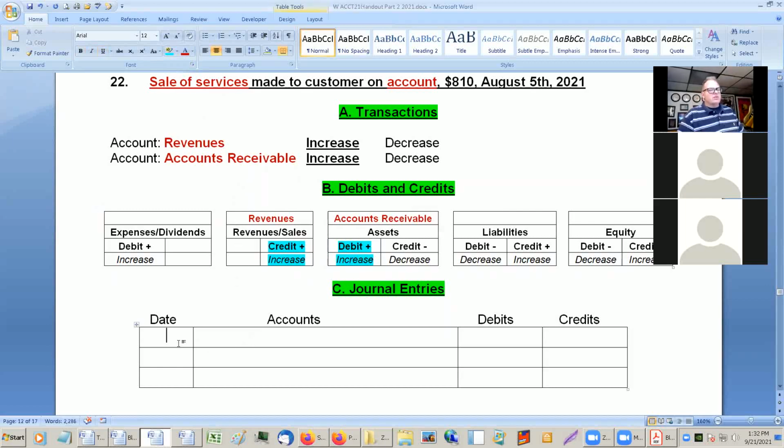Let's take a look here. So okay, so revenues again. Once you hit revenues, yay, because then you know it's a credit. Whatever the account is you have on the other side is going to be the debit. Okay. So accounts receivable.